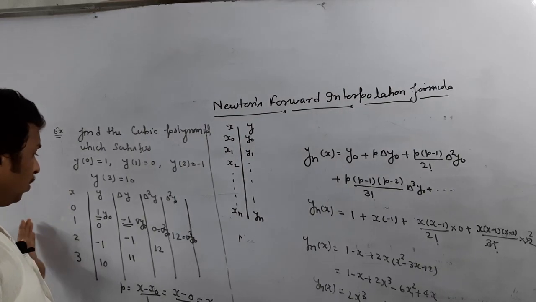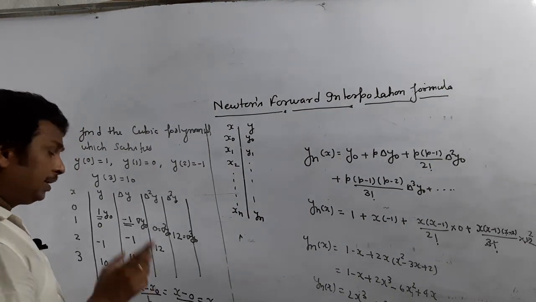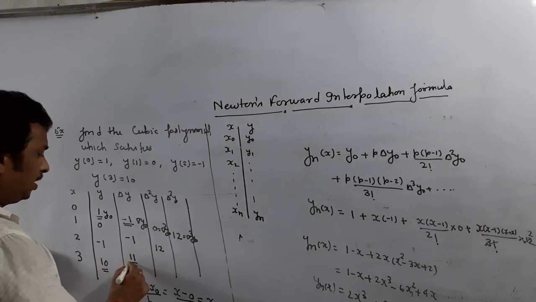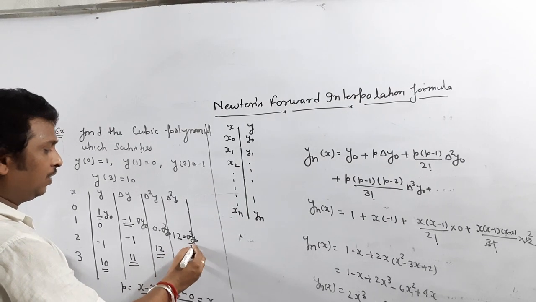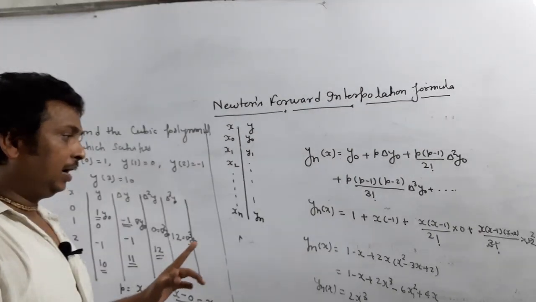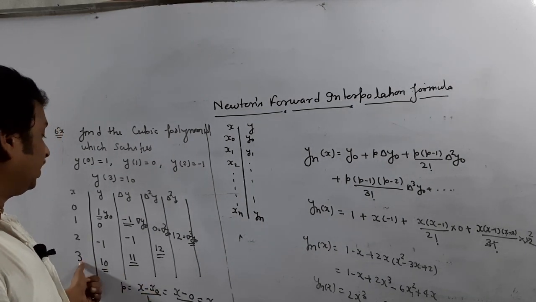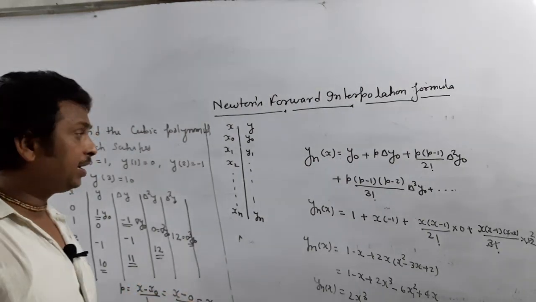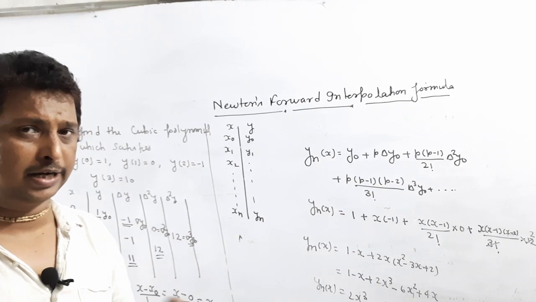When you create the backward difference table, the values will be the same, just the notation changes. There, what is yn? This one. What is del yn? This one. Del square yn? This one. And del cube yn the same. So these values will come into the picture. And what is the p value? x minus xn, where xn is 3, by h. h is the same. Whatever p comes and these values, just put them in the formula and you will get the answer.